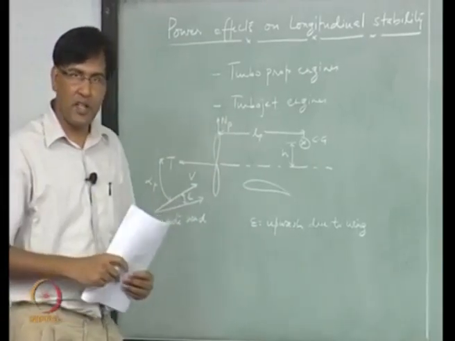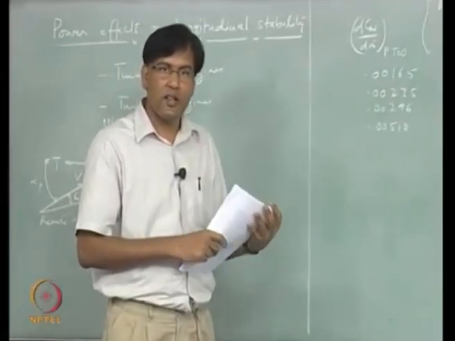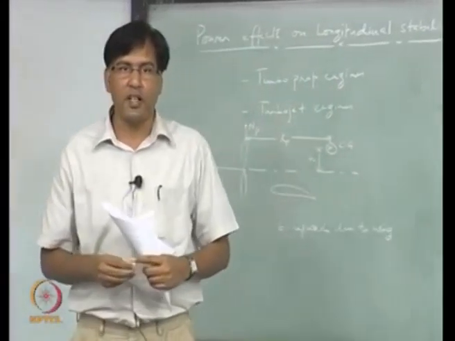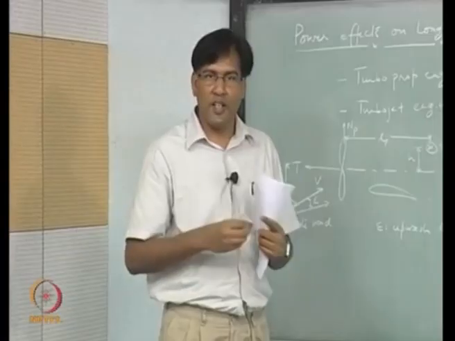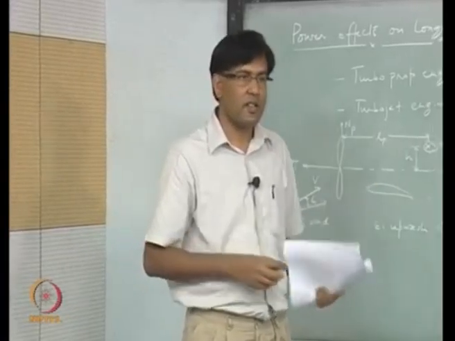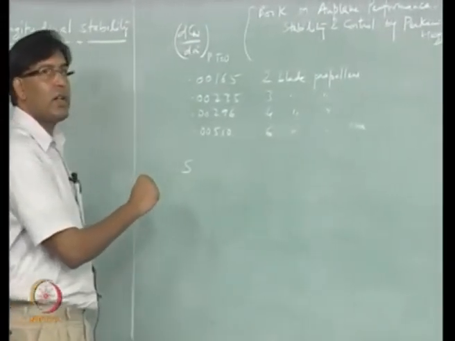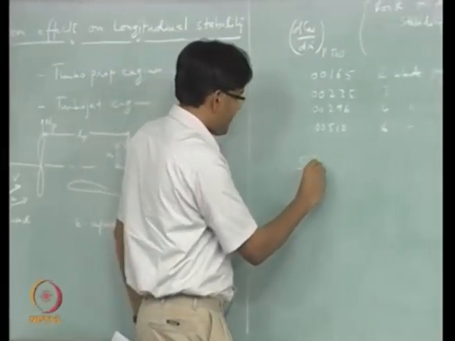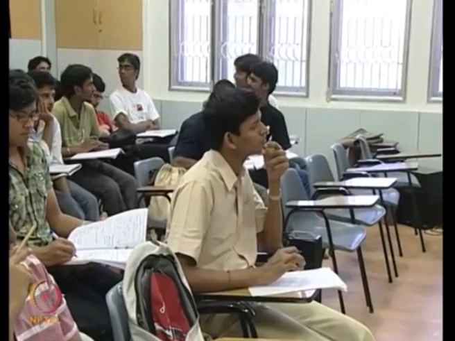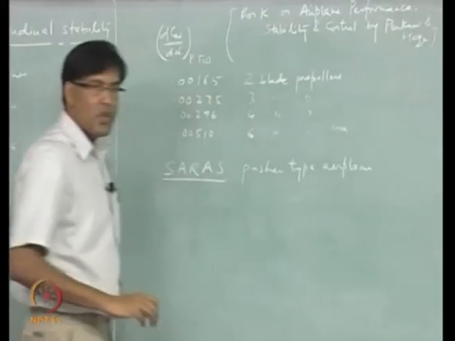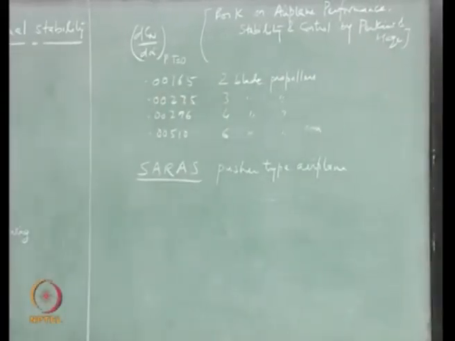Do you know of any aircraft where this is the case? Yes, a pusher type of airplane. Do you have any idea of any such airplane? Saras, right? UAVs. Saras is one such pusher type airplane, where LP is negative, and again it depends upon where the CG is.